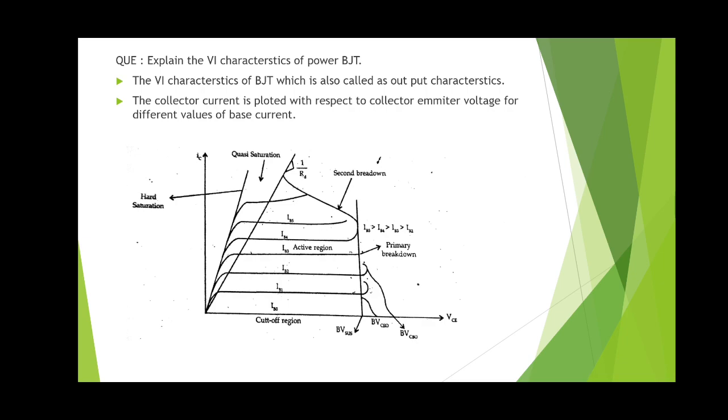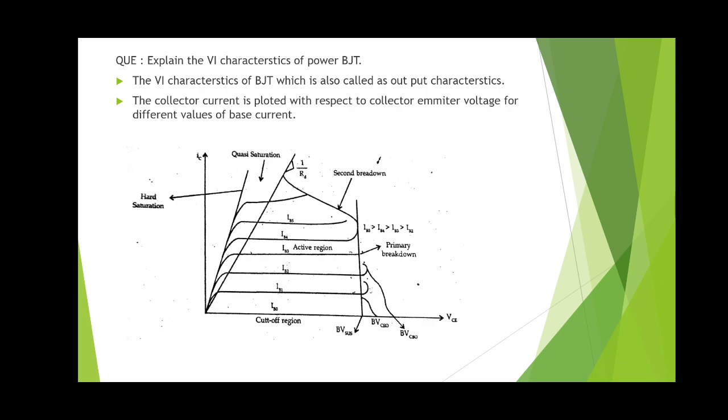Here the characteristics are plotted between the voltage between collector and emitter and the collector current. There are 4 regions when we observe the graph, and we name these 4 regions as cutoff region, active region, quasi saturation and hard saturation.